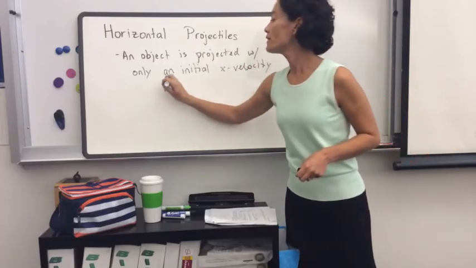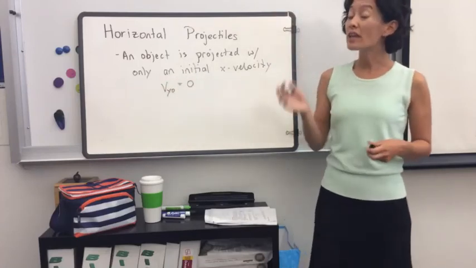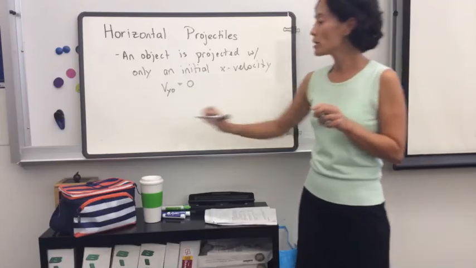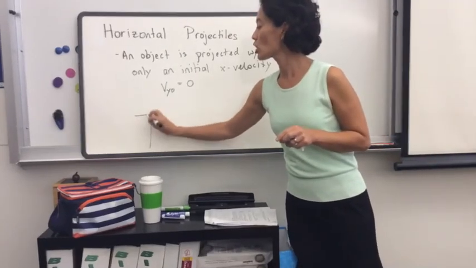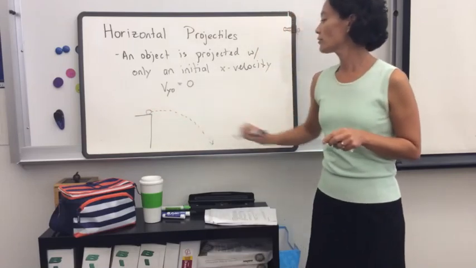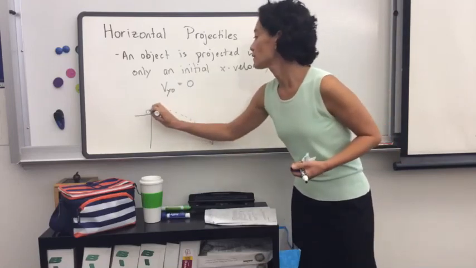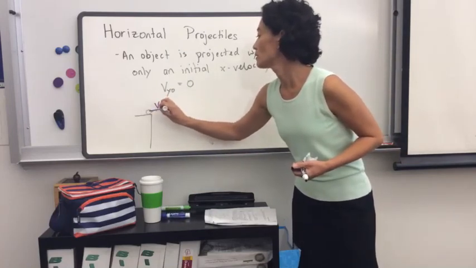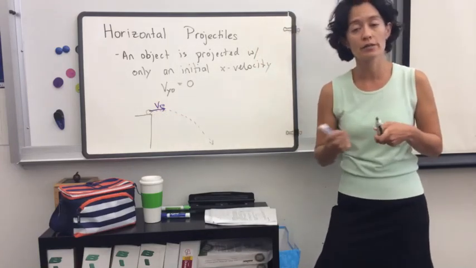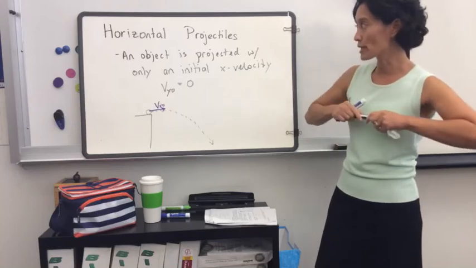So that means that Vy naught is going to equal 0. And so that will end up simplifying our equations quite a bit for these types of problems. So effectively, you've got something that's being shot off a table, a cliff, etc. Okay, so it only has Vx naught. And then the moment it begins to fall, we start to have a y velocity because gravity is acting on it. So we will look at some problems doing this in class.